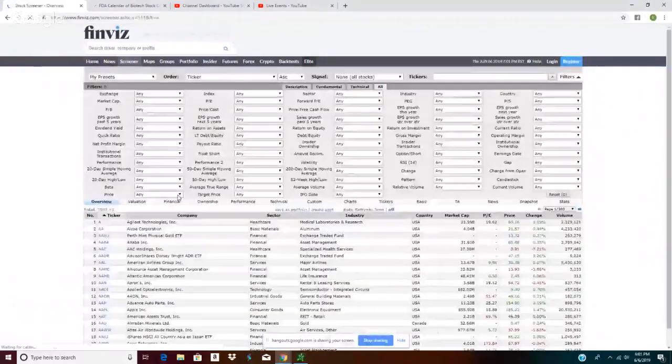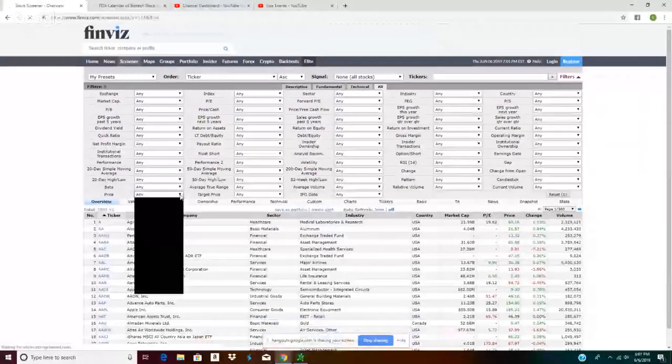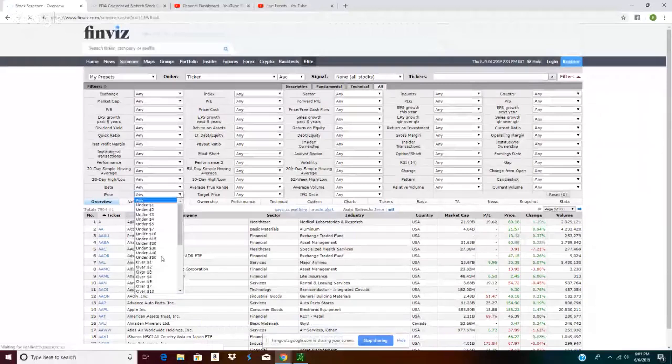We go to screener, then from screener we go to all. Click all, and we go to price. It's got prices here under 50, 140, over, etc. But for all intents and purposes, I like to do under $5 because that's what I trade, stocks that are under $5.